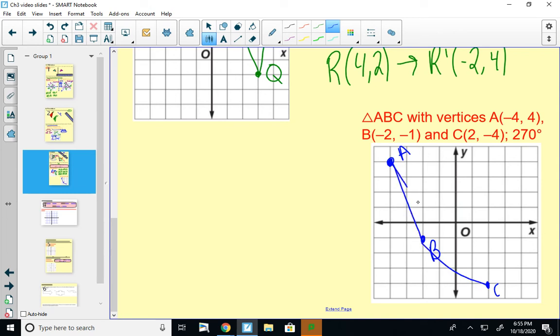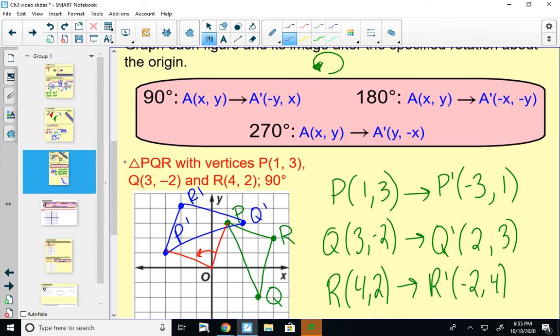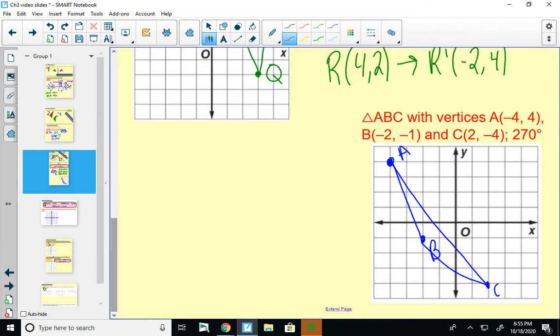That's a long, skinny triangle. Looks something like that. My rotation rule for 270 degrees, again, I do not expect you to have these memorized, is that (x, y) goes to (y, -x).